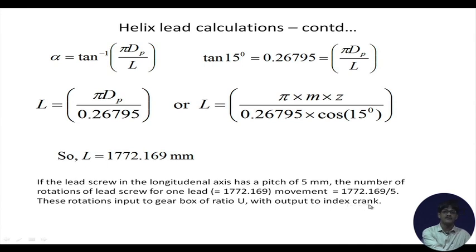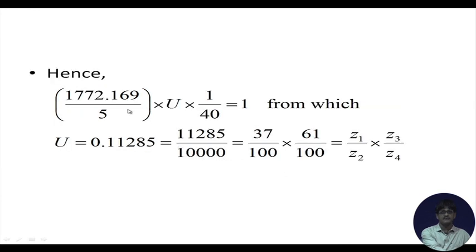If you follow that, the lead screw was giving up its rotation as input to the gearbox. So, let us see what happens. This rotation is multiplied by U and gives you the output from the gearbox that enters the index plate, index crank, and goes to the worm gear, where it suffers a reduction due to worm and worm gear rotation of 1/40, and this is given to the workpiece.